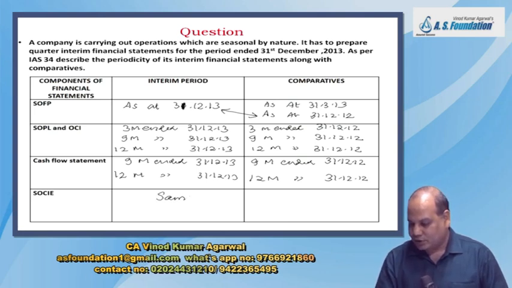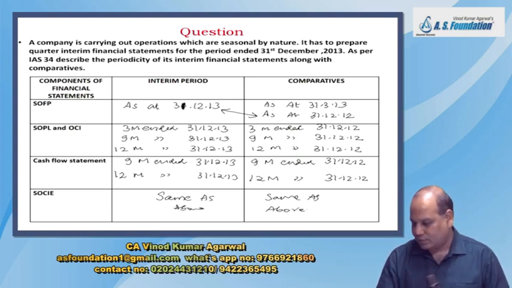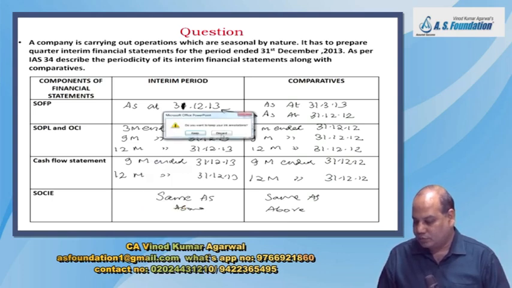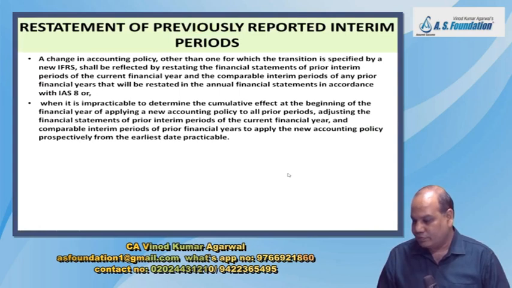And what about statement of changes in equity? Same as above. Okay. But this 12 months is optional. Any query now? No query. Understood?